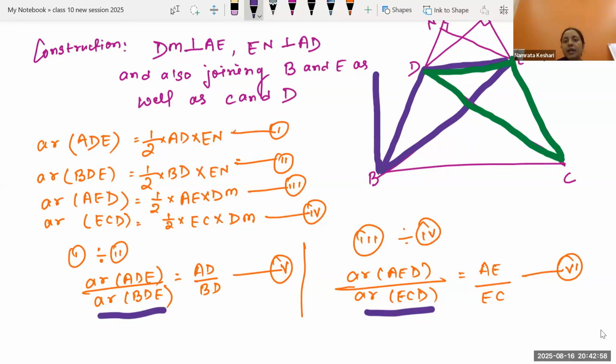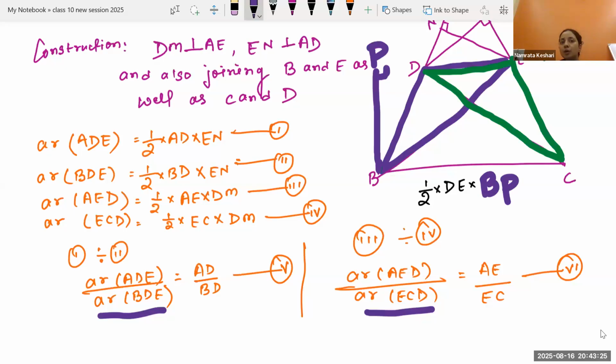For the purple triangle, I want to find the area. I am dropping the perpendicular from the vertex B, and the area will be 1 by 2 into base DE into height. Suppose I call the foot point P, so the height will be BP.